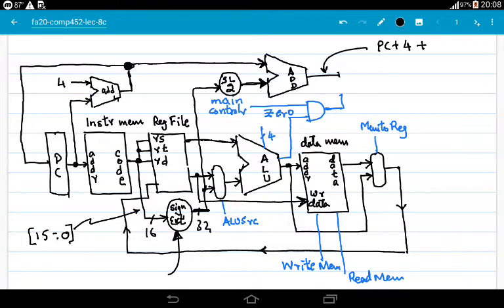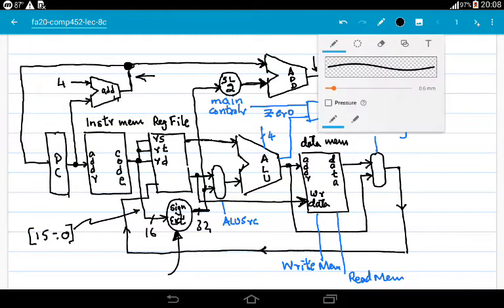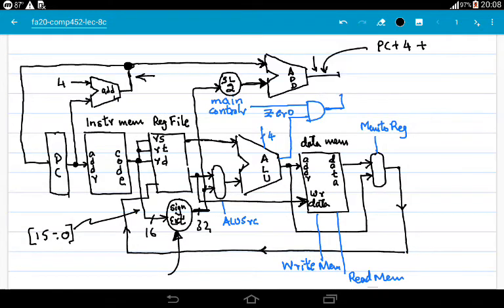Okay, so now if the branch is taken, we want this address to go to the program counter, and we do not want PC plus 4 to go to the program counter. So it means that we have to add a multiplexer here. Let's do some cleanup before we can draw our next multiplexer.